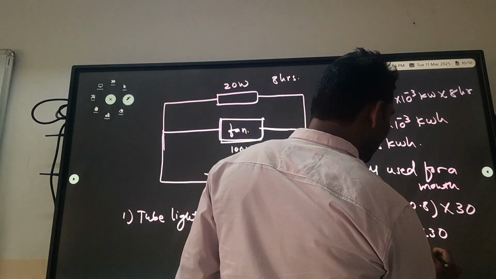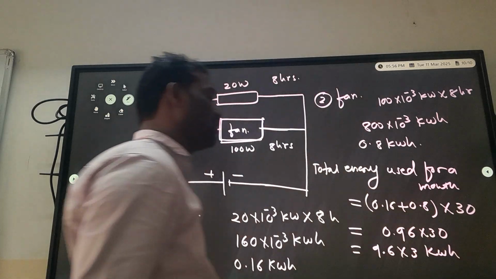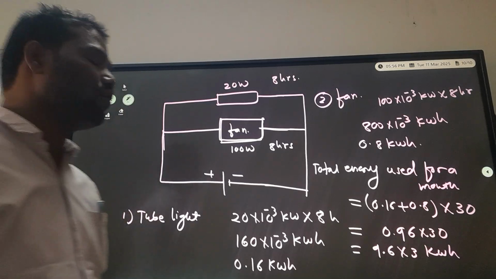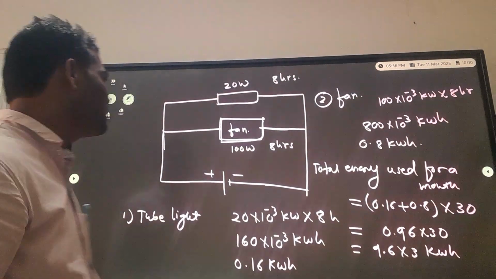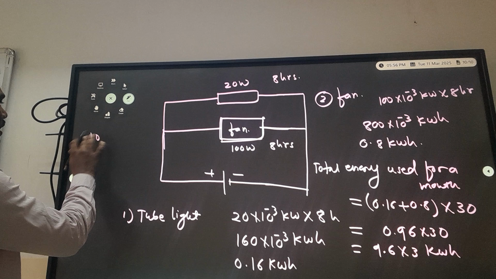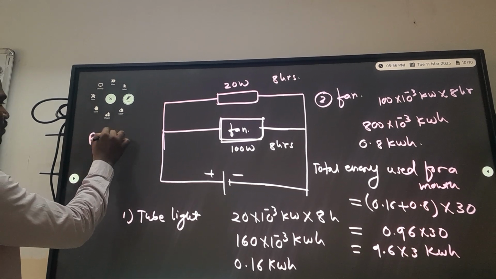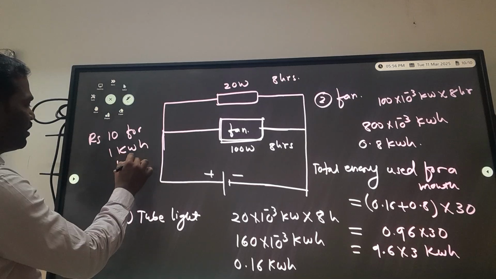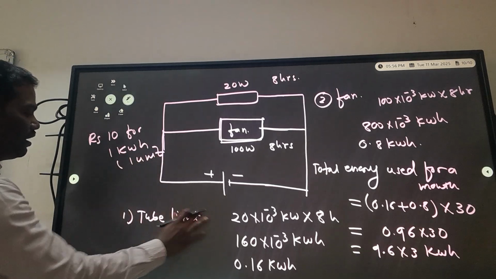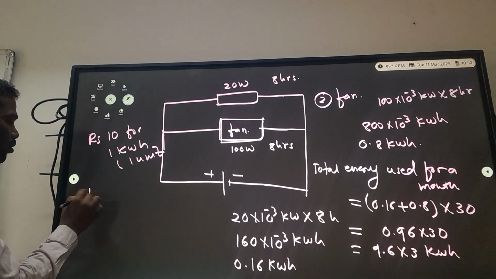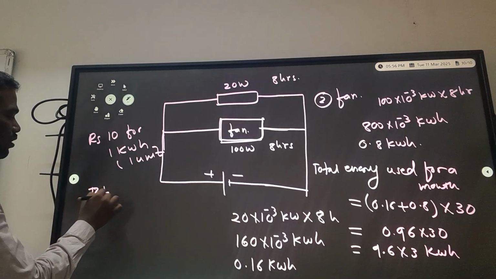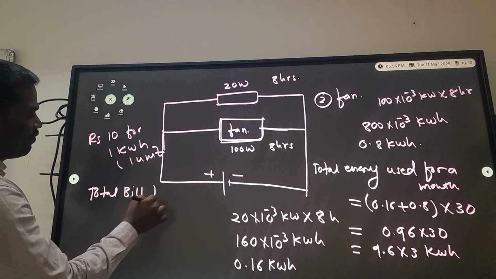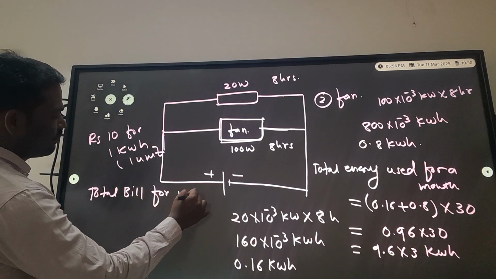This is in kilowatt hour, and we have to measure the electricity bill for 1 month, and the rate is 10 rupees for 1 kilowatt hour, which we call 1 unit. So we can measure the total bill for 1 month.